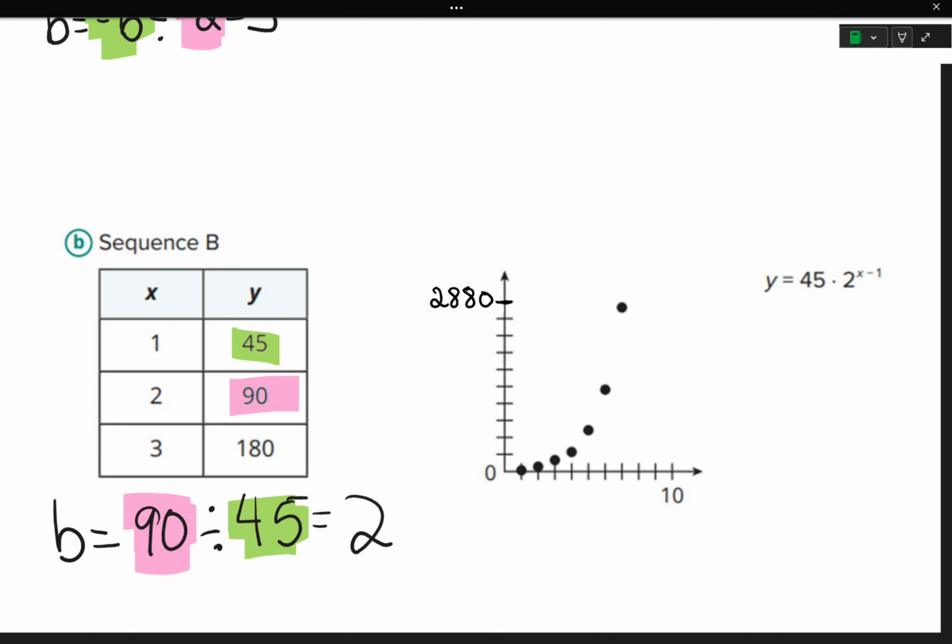Let's check if that works. 45 times 2 is 90, and 90 times 2 is 180. Now, if we were able to zoom in and have a more accurate graph on the graph, we could do the same. But for the equation, all we have to do is look at that number, b equals 2.